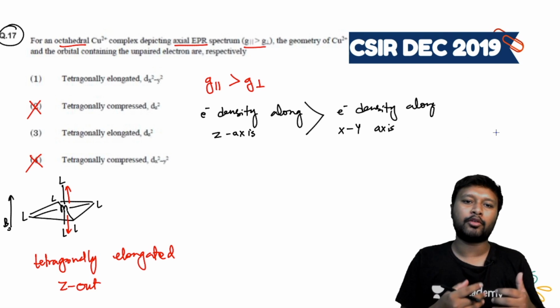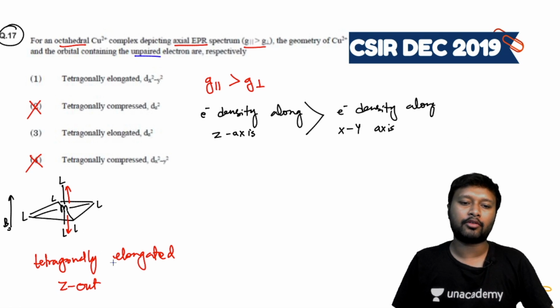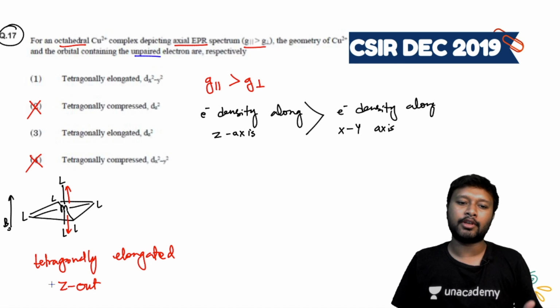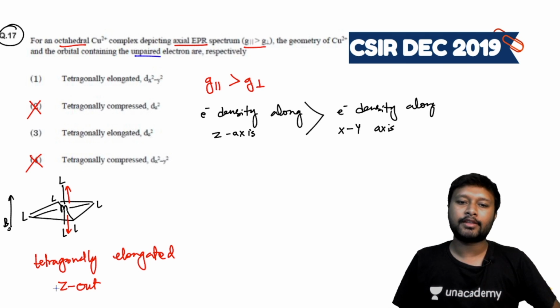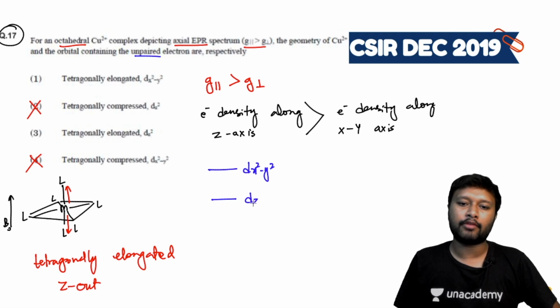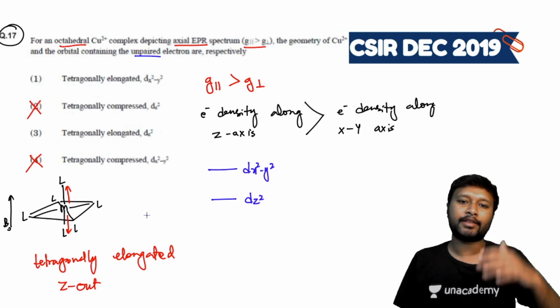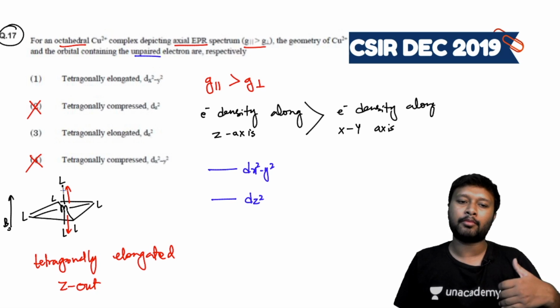Now you have to tell about the unpaired electron. Where does your unpaired electron go? In order to answer that, you need to know the order of splitting of d orbitals for your Z out complexes. The order of splitting goes like this: your dx square y square has the highest energy, and your dz square has a lower energy. It gets stabilized because the bonds along the Z axis are longer, so that's why it gets stabilized.